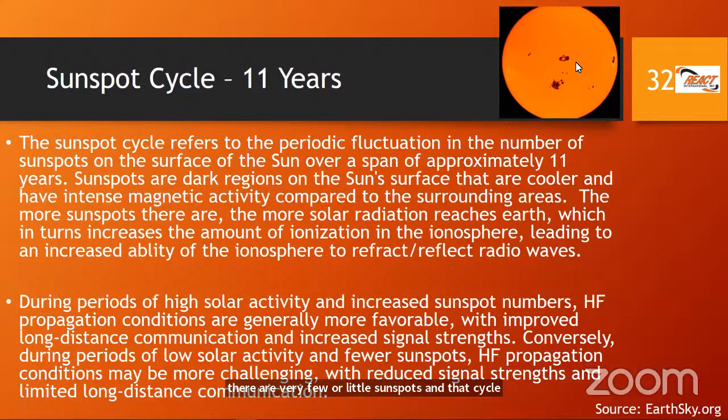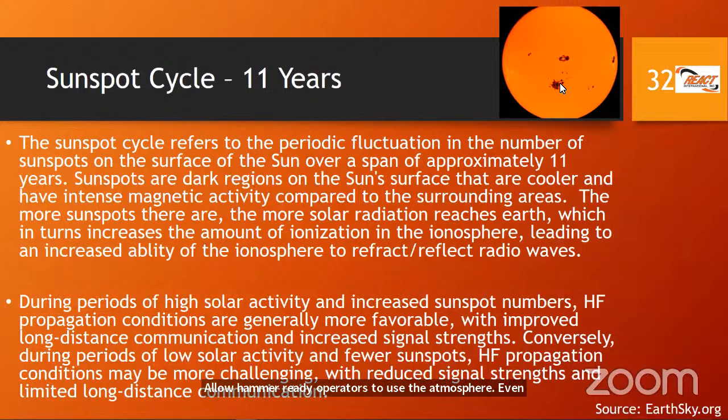Why that is important is because the particles that emanate from the sunspots, when they reach the Earth's surface, will ionize those layers of the atmosphere, the ionosphere, and allow ham radio operators to use the ionosphere even more or better to propagate our radio signals.